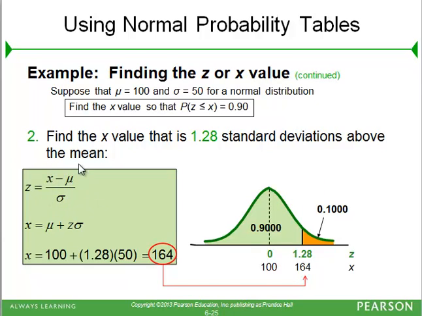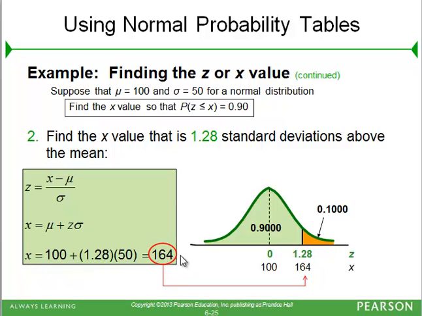Okay, so Z equal to the x minus mu over the sigma, then x is the mu plus Z times sigma, right? So x is 100 plus Z value is what we just got, 1.28 times the sigma. Sigma is 50, the standard deviation. So we get x is 164.